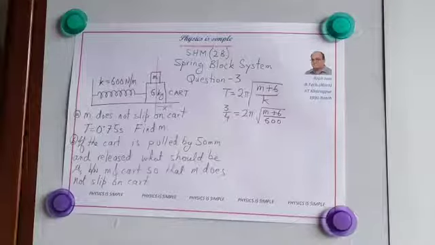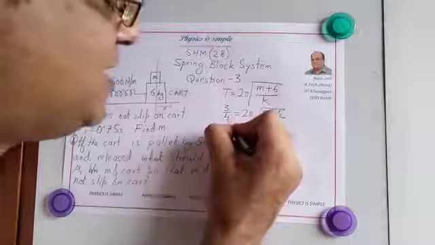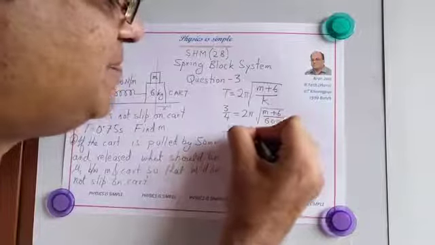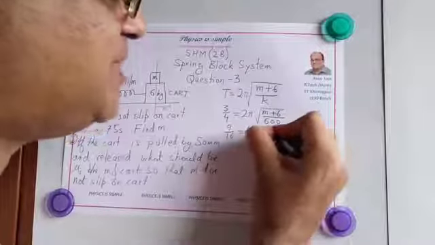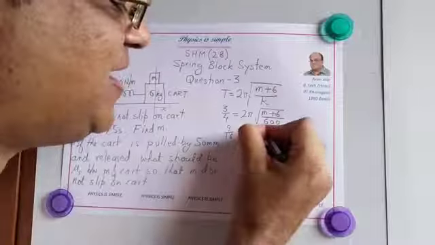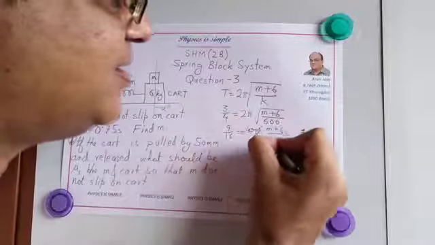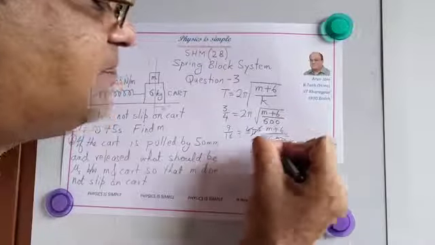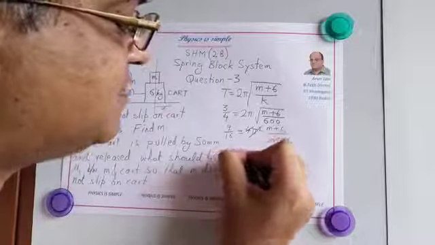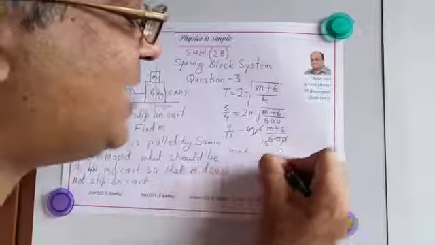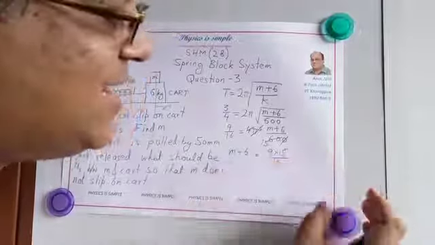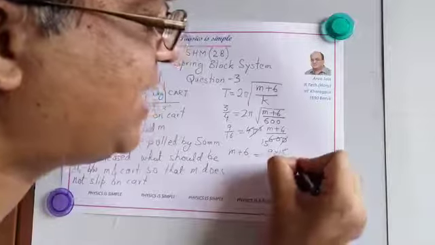Now squaring this is not difficult at all. We get 9 by 16 equal to 4 pi square and M plus 6 by 600. Pi square is approximately 10 and here we get 15. So now therefore M plus 6 becomes 9 into 15 by 16. 9 into 15 is easy, it is 135.